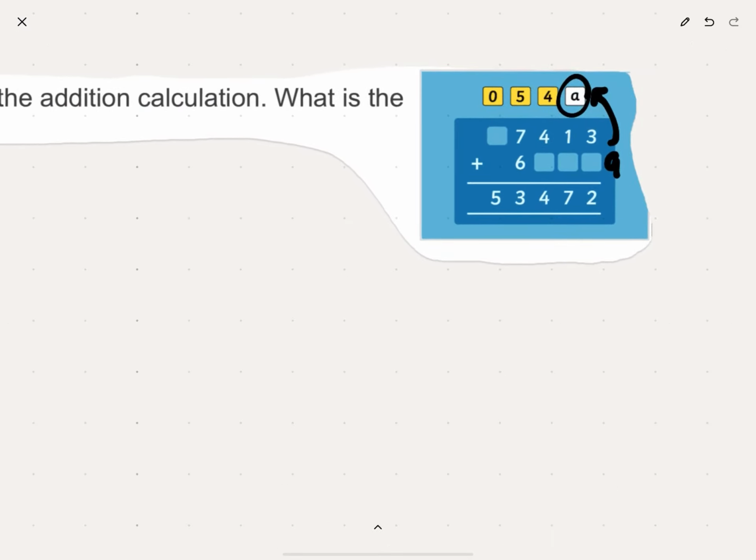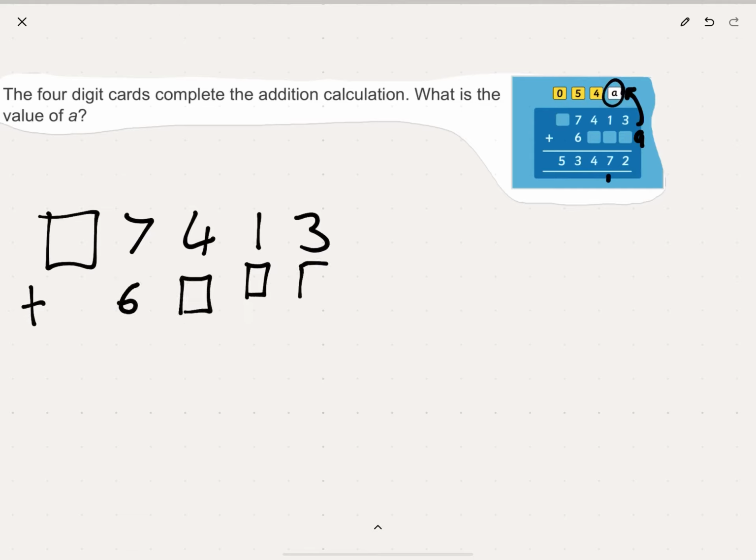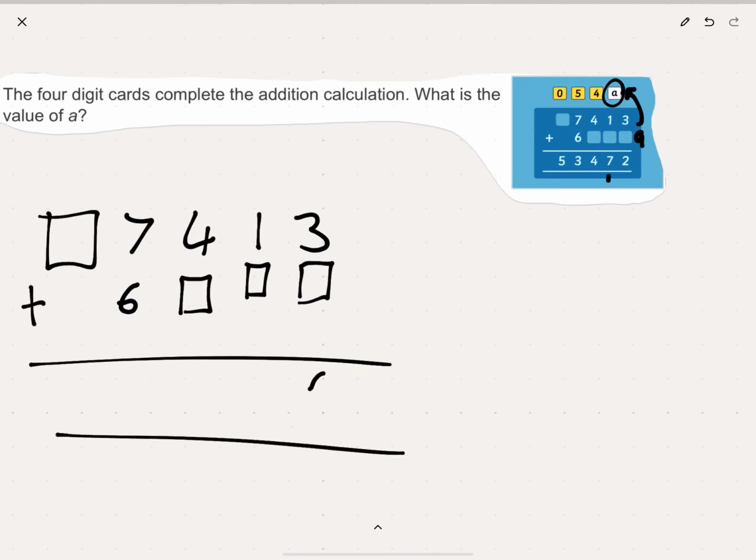Okay, so 3 add 9 would be 12. So what they're saying is there's a carry here, but they're not showing you. Okay, so 3, how do I want to do it, like that? Add, and then place values, really important here. Box, box, box. Okay. And that should equal 27,435.